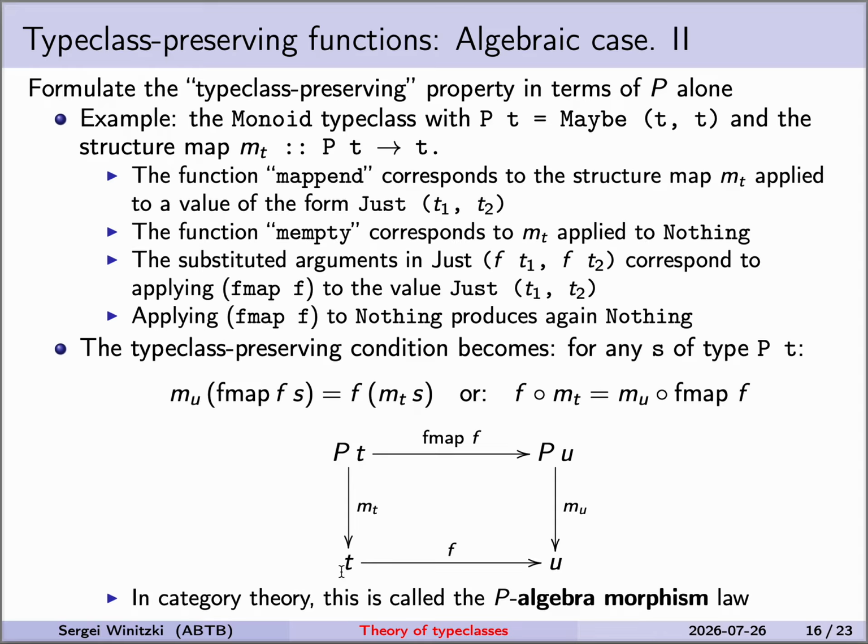So T is a p-algebra, or more verbosely, p-functor algebra, and U is also a p-functor algebra, and the value mt is a structure map of the p-algebra T, and mu is a structure map of U, and then the function f between T and U is a p-algebra morphism. That is the terminology used in category theory. But for us, in the language of types, it just means we have these types, we have these functions implemented in our programming language, and these functions always satisfy this equation.